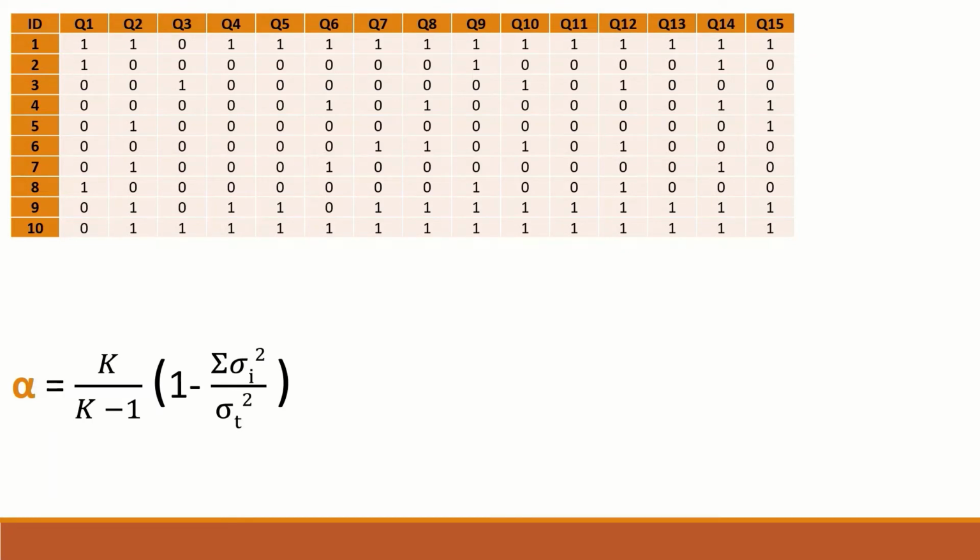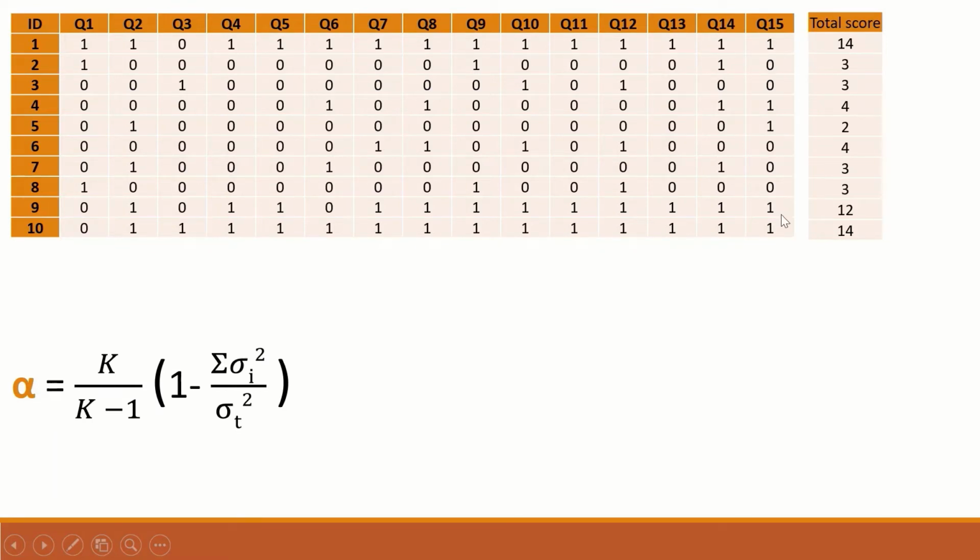The first step is to calculate the total score achieved by all the students participating in the exam. The total score is calculated by adding all the correct answers each student had scored.